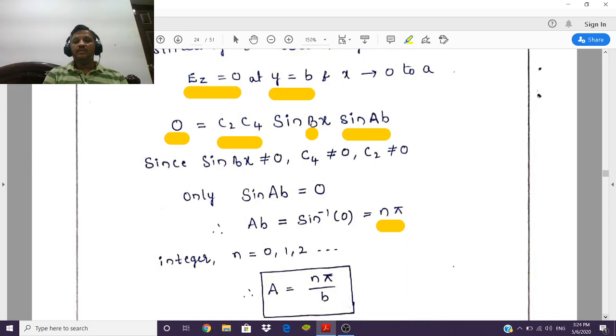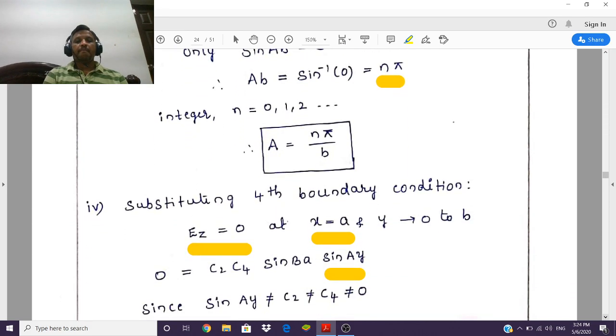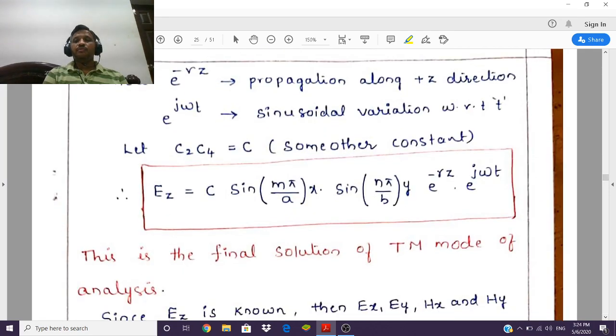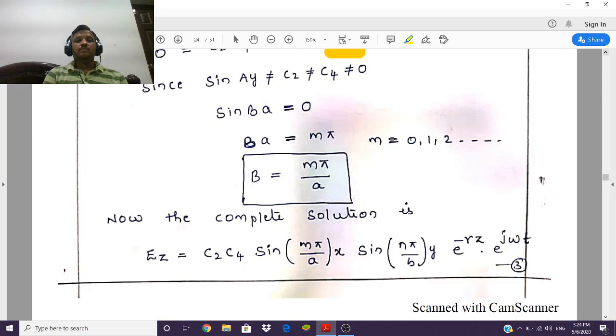Now the solution will become C2 C4 into sin bx. In place of b we have m pi by a into x, and sin n pi by b into y, which is sin ay.